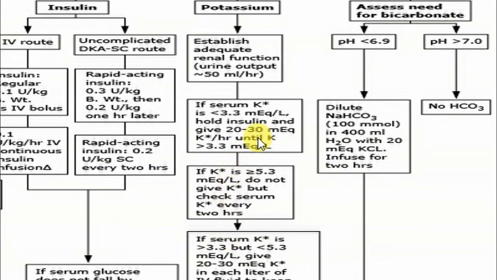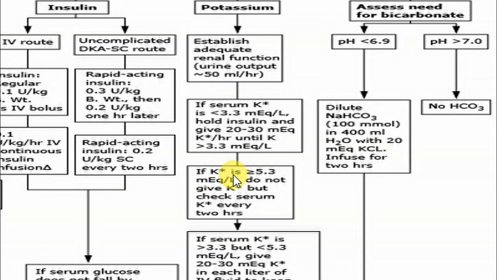If serum potassium is less than 3.3 mEq per liter, hold insulin and give 20 to 30 mEq per hour of potassium until it is more than 3.3 mEq per liter.